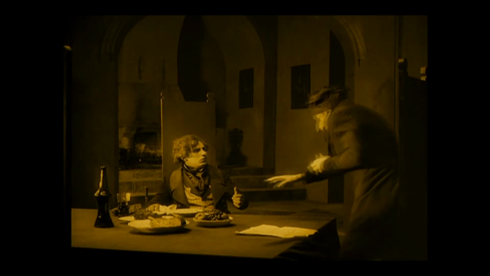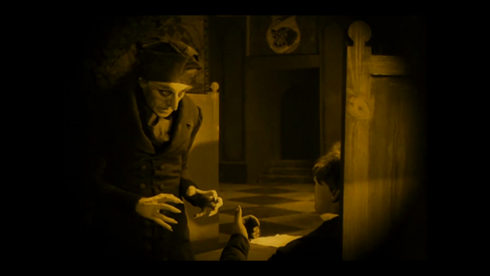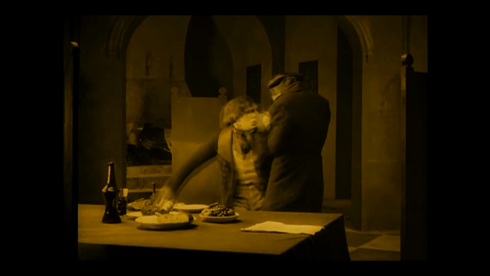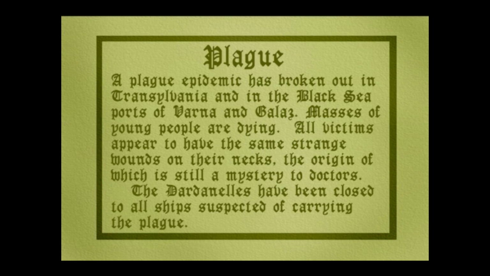One character thinks he's been bit by a mosquito, which is a transmitter of a number of infectious diseases. So you have to worry about Count Orlok, who is a type of some kind of viral or bacterial agent, maybe even a fungi perhaps, spreading around, going from the interior of Europe to the port cities by boat.